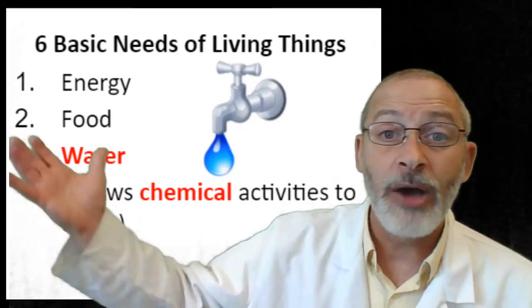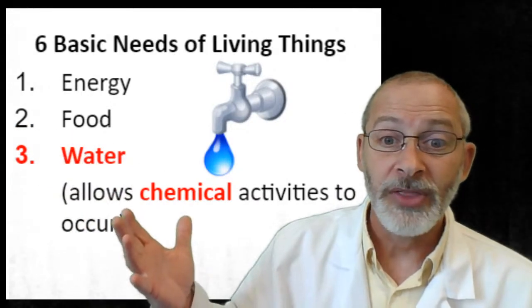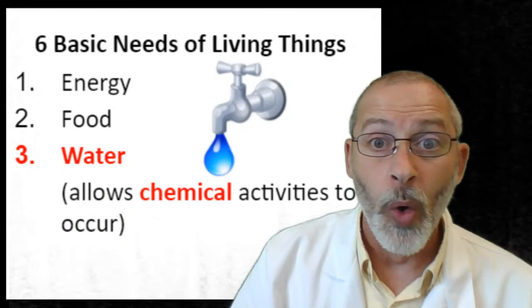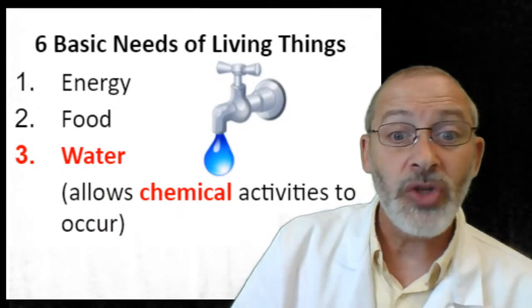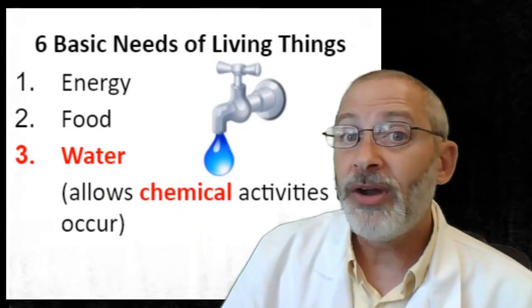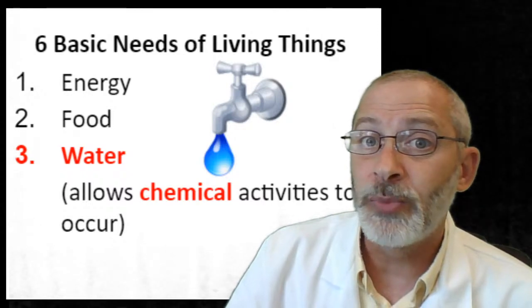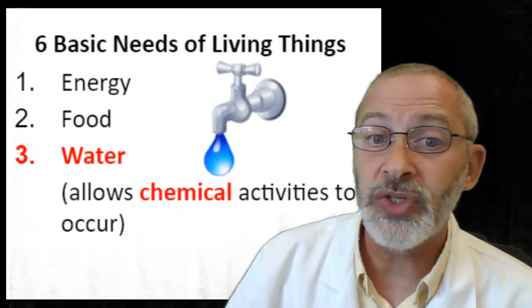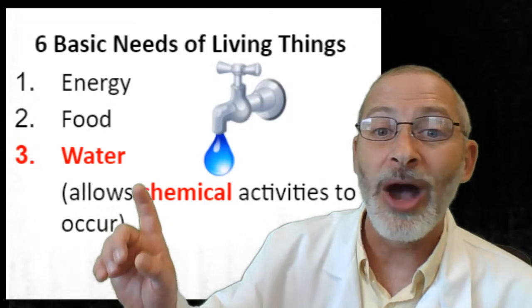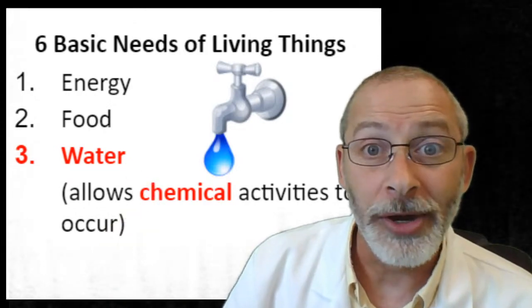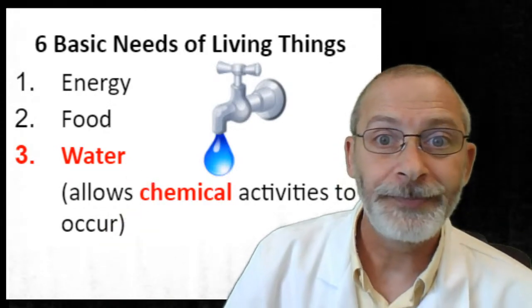We know that in the outer solar system, there is solid water, to be sure, and there's also liquid water. There are some places in the solar system where there are volcanoes actually spewing out liquid water, believe it or not.